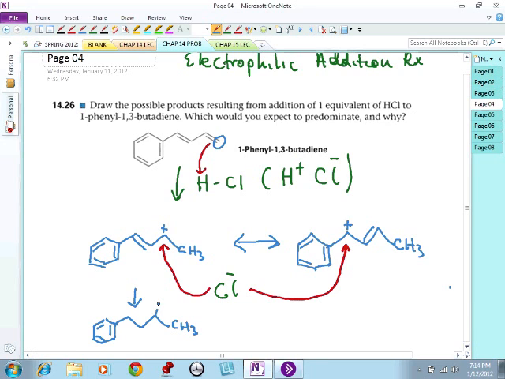The chloride is now here, and the double bond is here. Okay? Or we could get this.